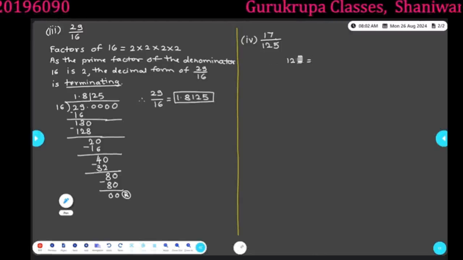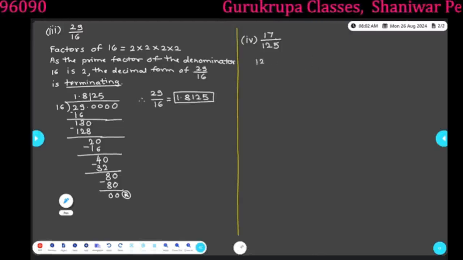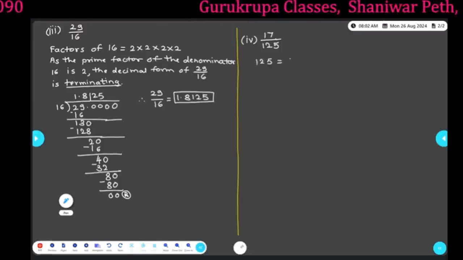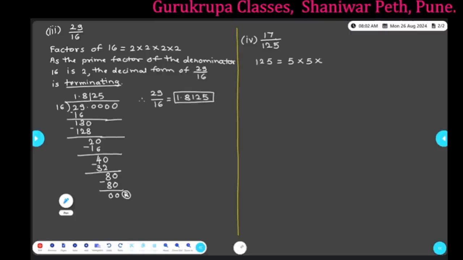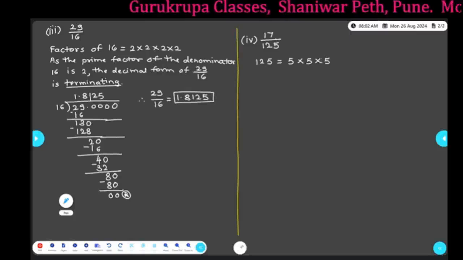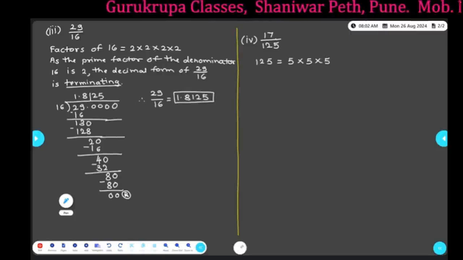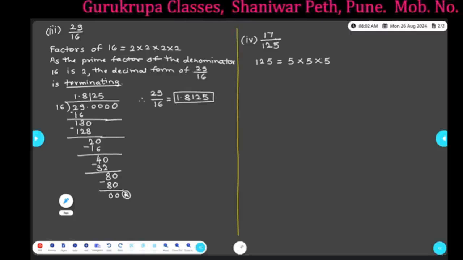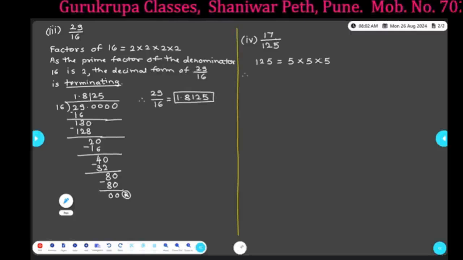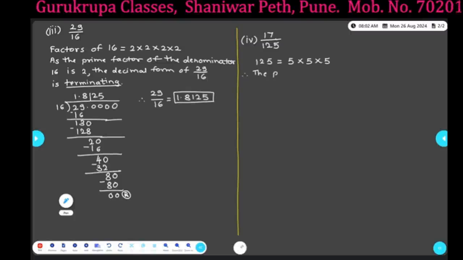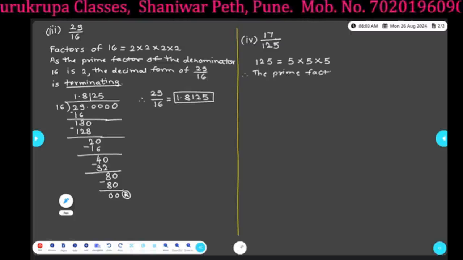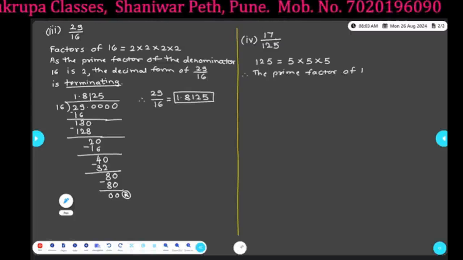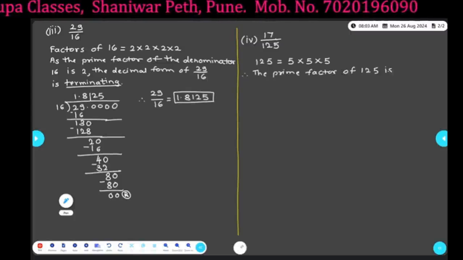If we factorize 125 can be expressed as 5 into 25, then 5 into 5. So 5 5s are 25, 25 5s are 125. So therefore, the prime factor is 5. Prime factor of 125 is only 5.